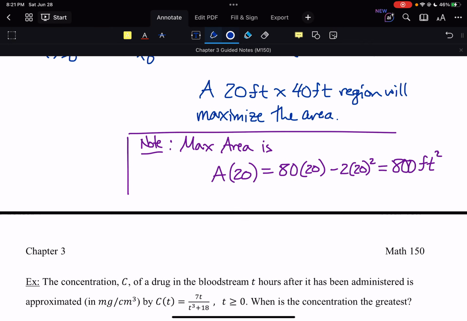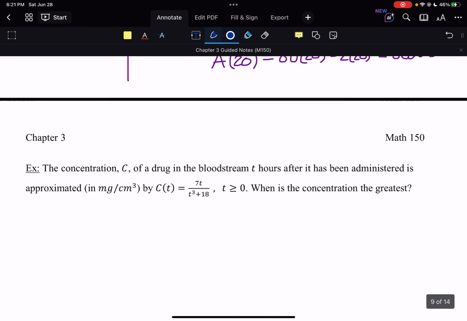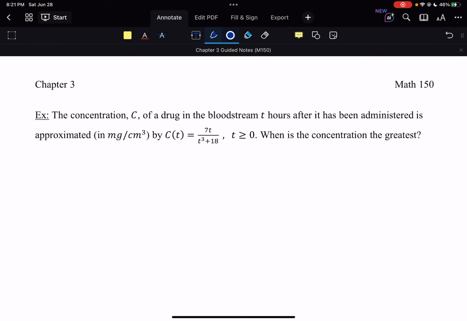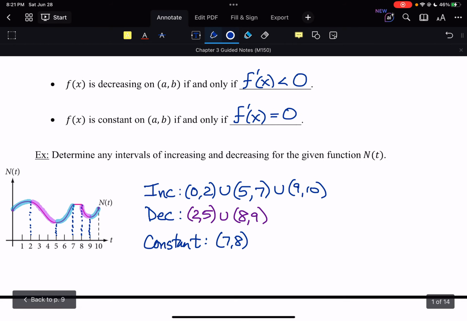So let's take a look at the example at the top of the next page. The concentration C of a drug in the bloodstream T hours after it has been administered is approximated in milligrams per cubic centimeter by this formula C of T, where T is non-negative. When is the concentration the greatest?